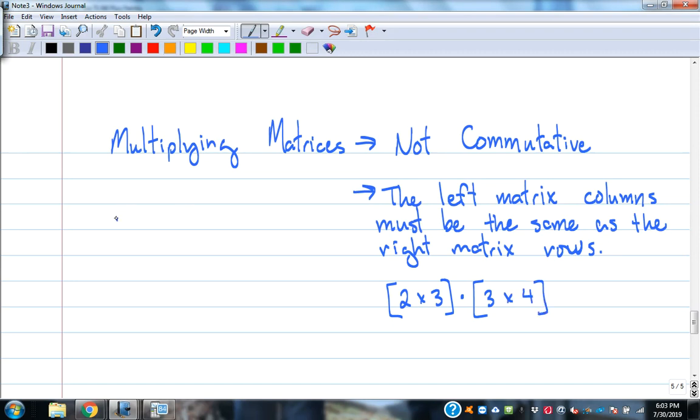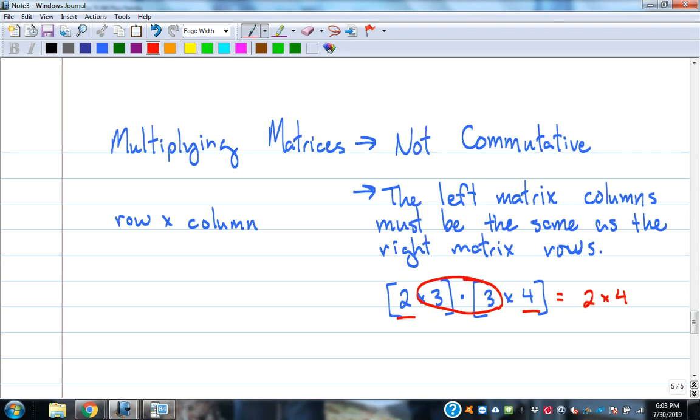Remember, dimensions is always row by column. It's always row in the front, column in the back. So 2 rows, 3 columns, 3 rows, 4 columns. Those numbers that are in the middle when you look at the dimensions have to match. 3 and 3. What that means is that this will multiply together and give you a 2 by 4 as an answer. The outside pieces tell you what size your answer is going to be.